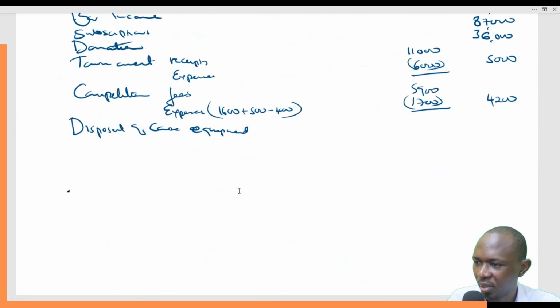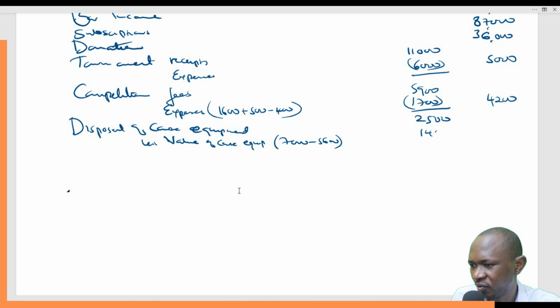So that leaves us with the disposal of cost equipment 2.5, less the value of the cost equipment. The value of cost equipment was 7,000 minus 5.6, which is 1,400.